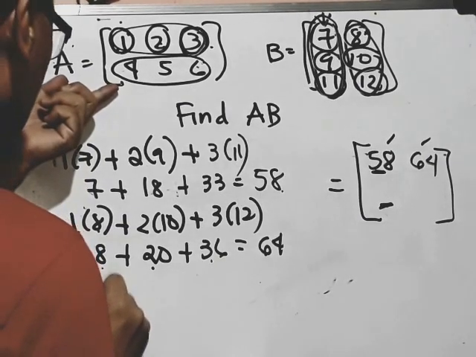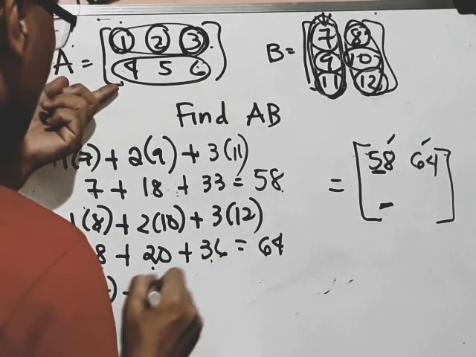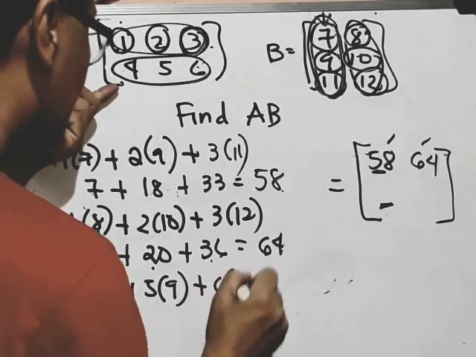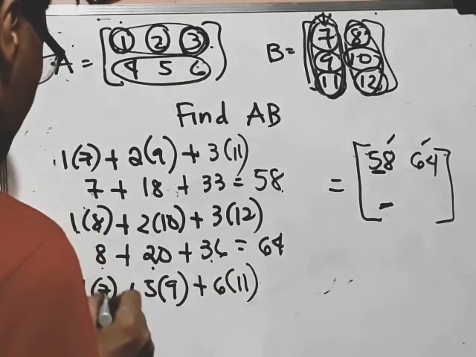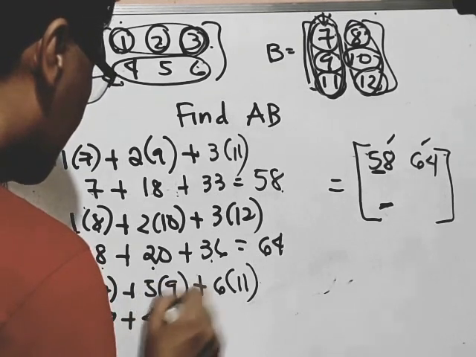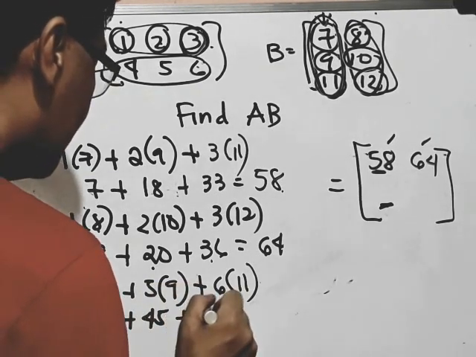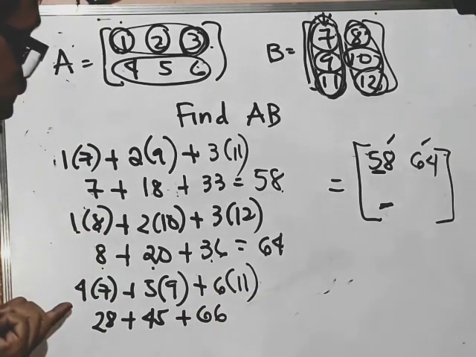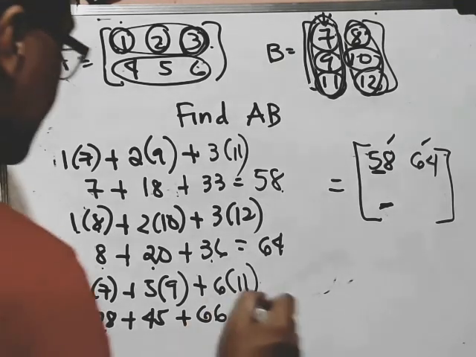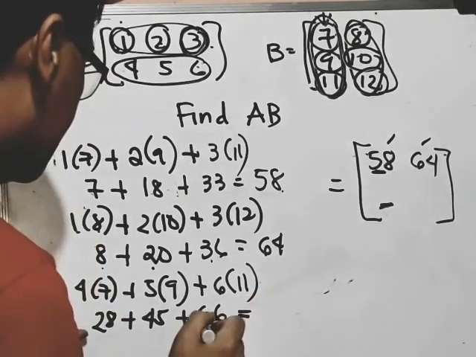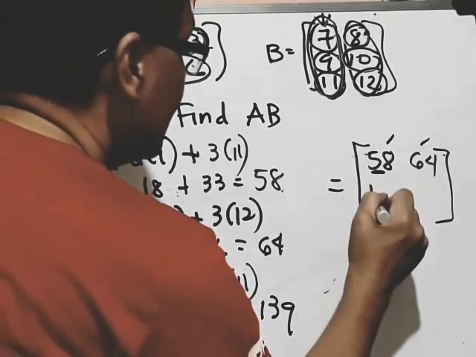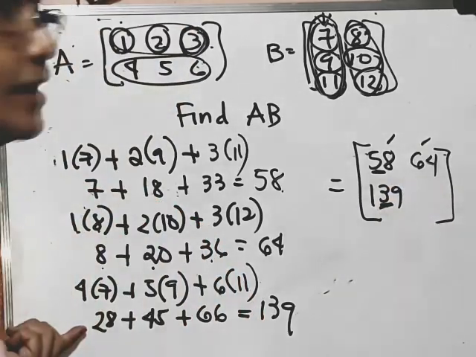So, 4 times 7 plus 5 times 9 plus 6 times 11. 4 times 7, 28. 5 times 9, 45. 6 times 11 is 66. Okay? Tapos, tsaka natin siya i-add. Ang answer is 66 plus 45 plus 28 is 139. So, dito natin siya ilalagay.